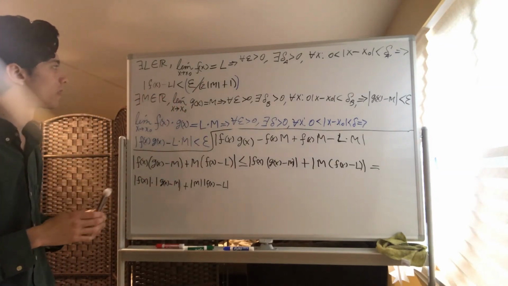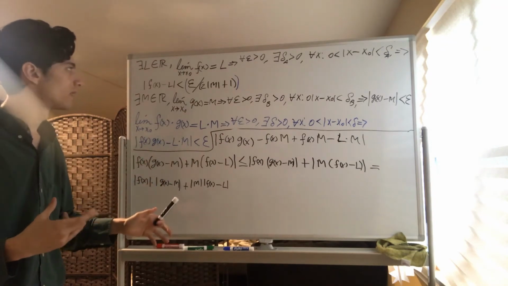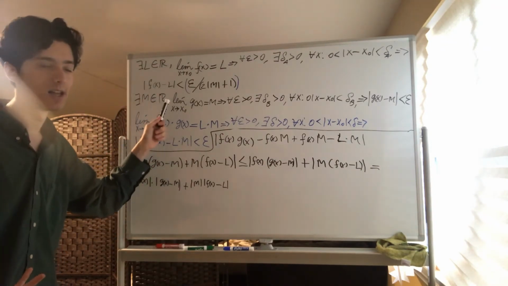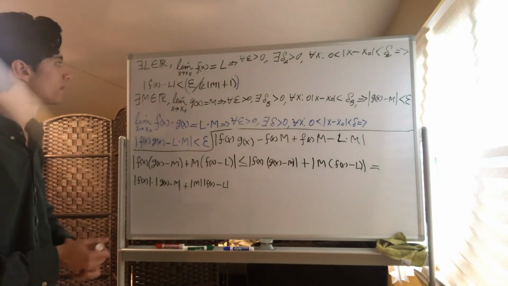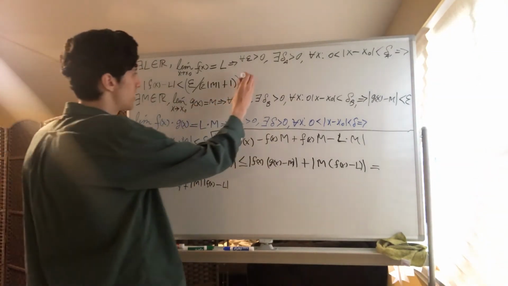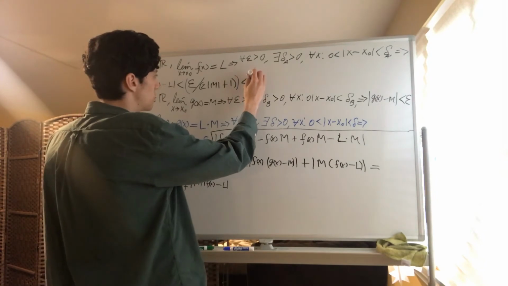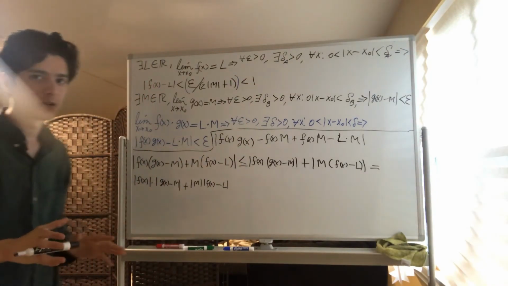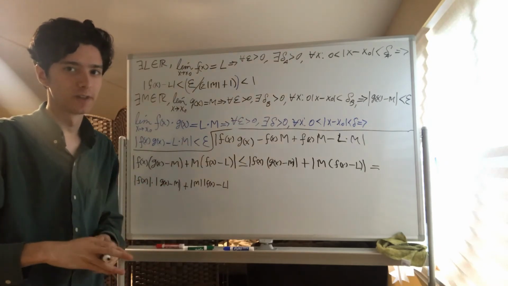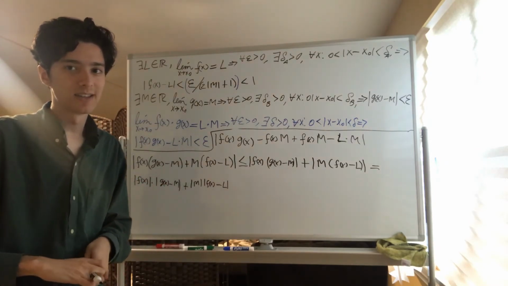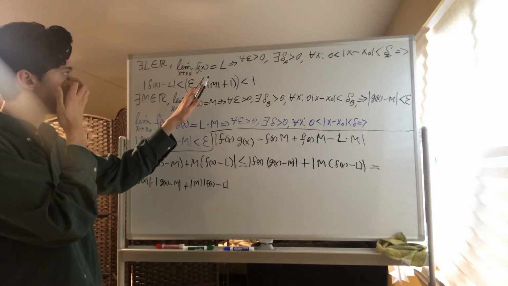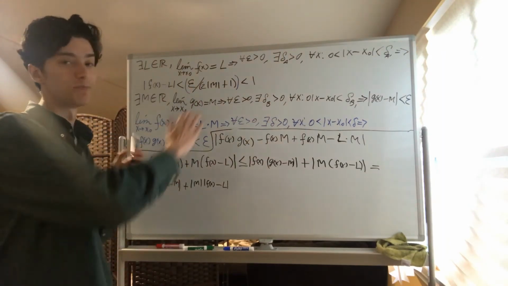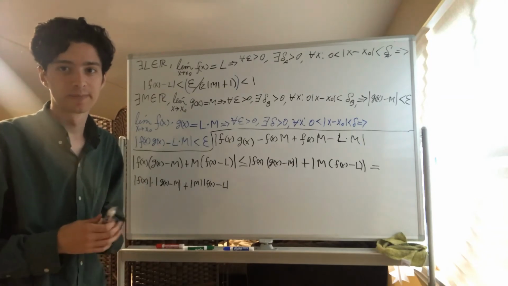So we can say that not only is the distance between f of x and L less than this term here, but let's also say that it's generally less than 1. And this still fits with our definition of the limit because if it's less than all the positive real numbers less than 1, then it's still less than all the bigger real numbers as well.